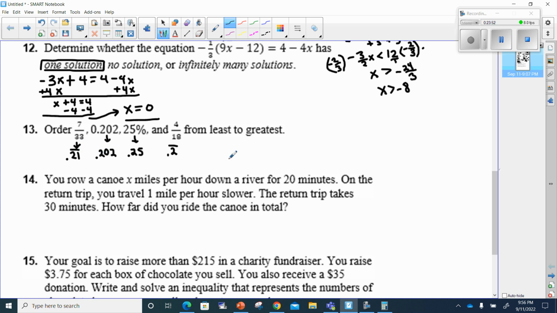So from least to greatest, the least one is up here, 0.202. That's the first one. The second one is going to be 0.21 repeating, so that's going to be 7 over 33.